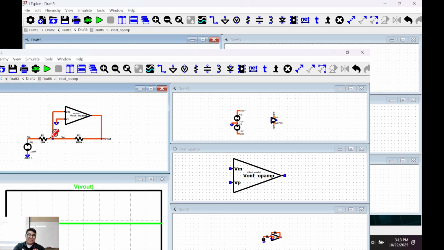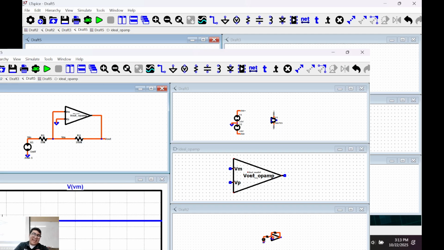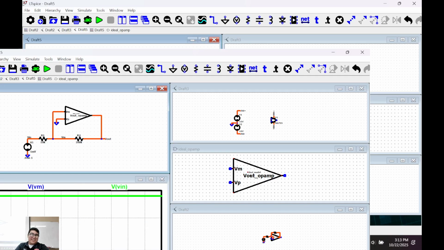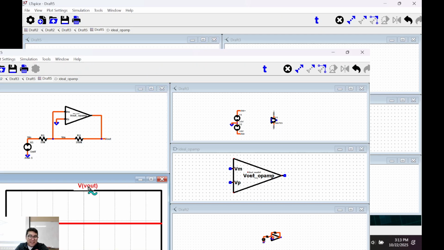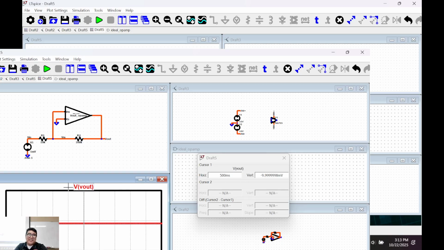Let's see what I get if this was an ideal op amp. What's 12 femtovolts? Very small, right? I just use VN. Yeah, very small. What's V out? If this was super ideal, you get the minus 10.